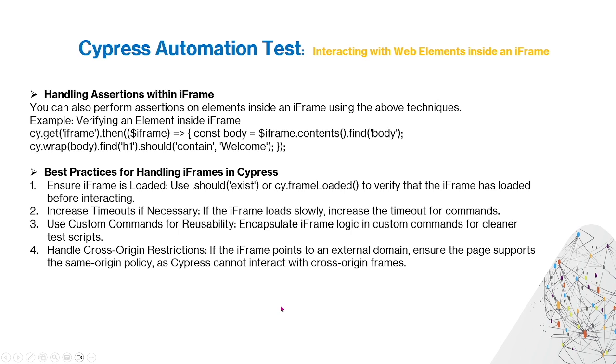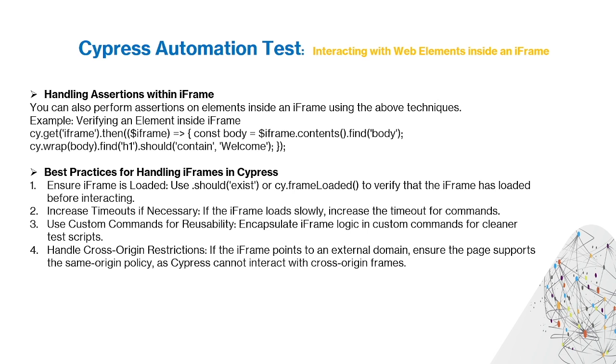Best practices for handling iframes in Cypress. Ensure the iframe is loaded. Use should exist or iframe load to verify that the iframe has loaded before interacting. Increase the timeout if necessary. If the iframe loads slowly, increase the timeout for commands.